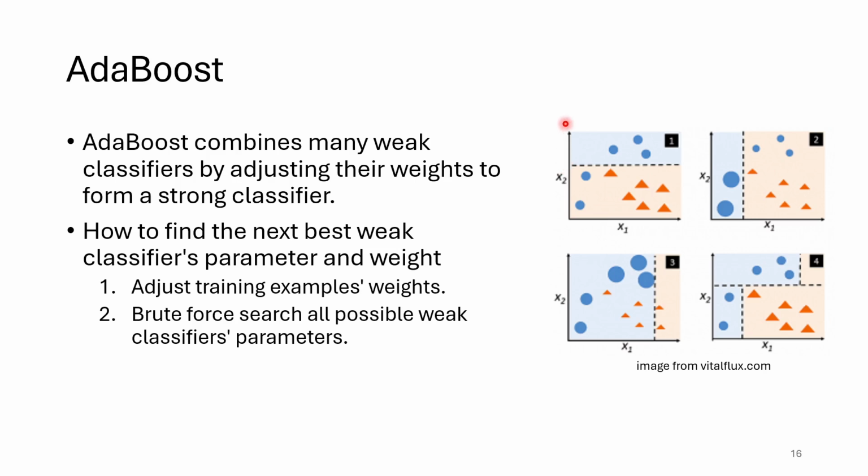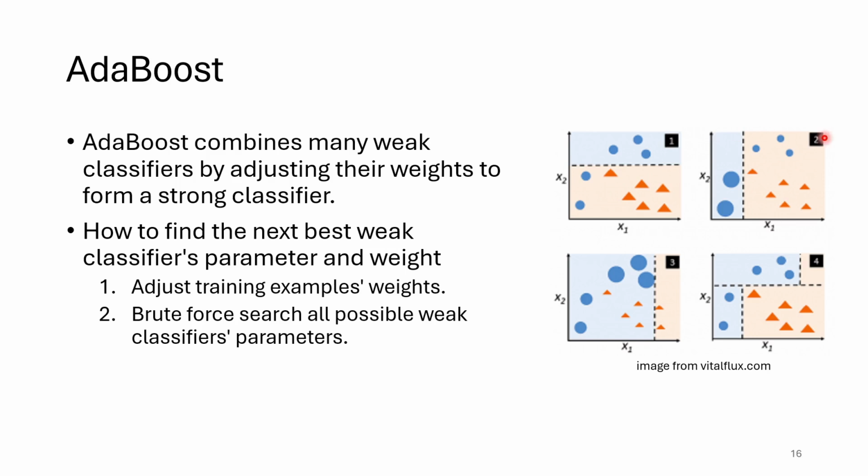For example, here they set a threshold on the x2 axis. So x2, x1, they just use the coordinate value to create a threshold. After this step, they will go to the second step.